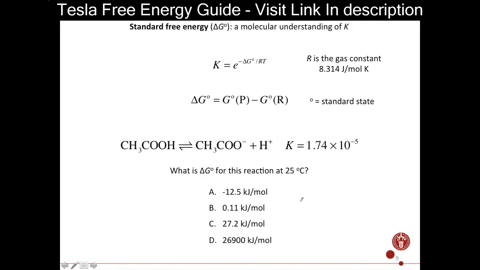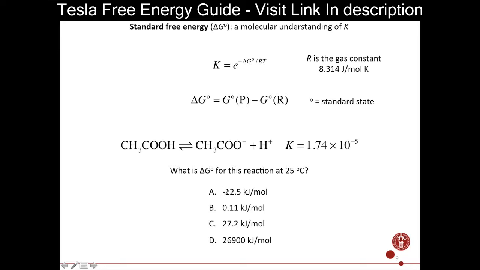Okay, ready? All right, before we go on to the actual calculation, there's one answer here that we can eliminate right away, and that is this answer here, a negative delta G. The delta G standard cannot be negative if the equilibrium constant is less than 1.